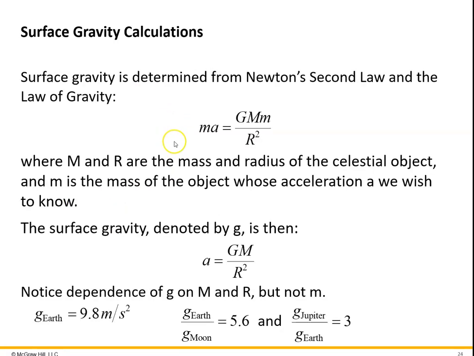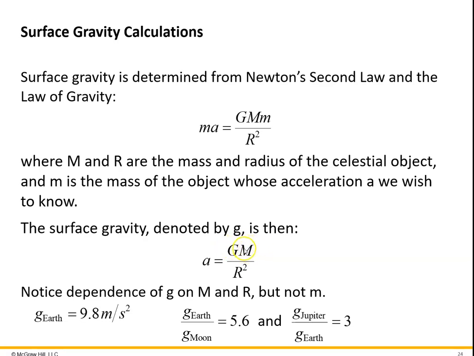So this equation right here is what we want to know. I'll do an example of this. If you plugged in the numbers, remember, big G is always the same value, 6.67 times 10 to the minus 11th.